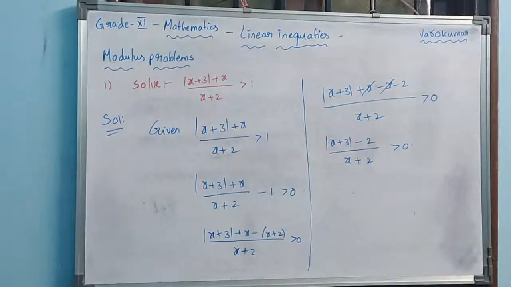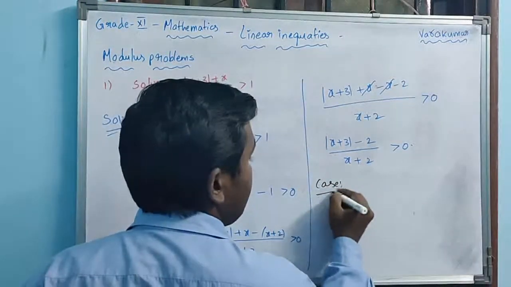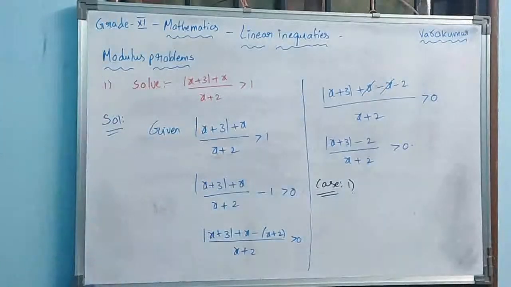One case is x + 3 greater than or equal to 0, and another case is x + 3 less than 0. Now let me do case 1: x + 3 greater than or equal to 0.